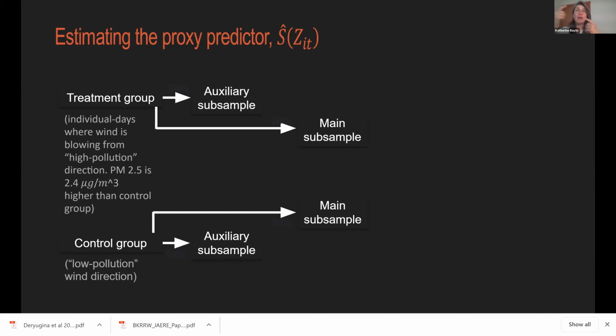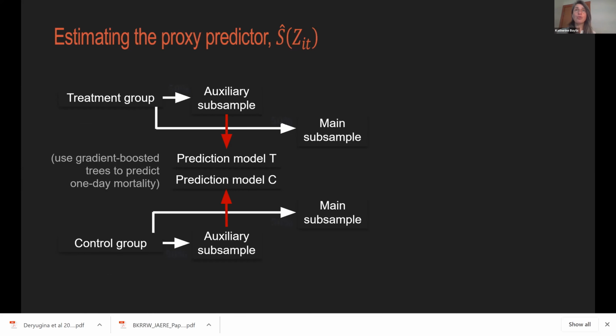They take subsamples of each to develop two predictive models. So you're using the treated model to predict essentially the probability of death for the treated group, conditioned on all sorts of characteristics. Then you're using the control group, same thing, to predict the probability of death.